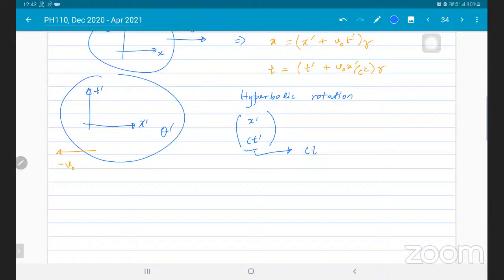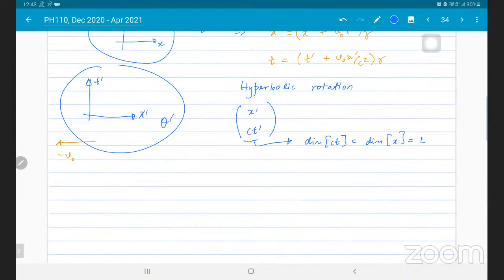So that the dimensions of ct are equal to the dimensions of length, which is L, right? So these two quantities are on the same footing. That's the reason why we multiply by c.